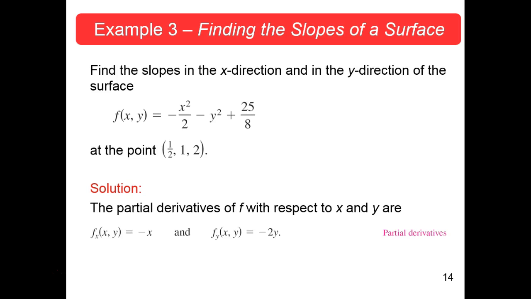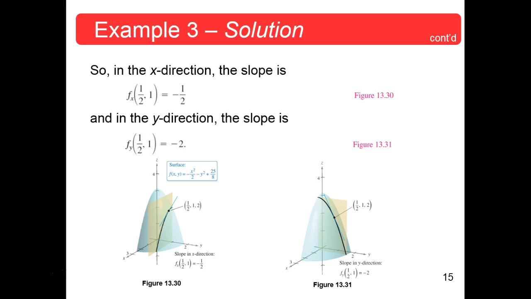Partial derivative of f with respect to x would be minus x, and with respect to y would be minus 2y. We did that too. Then plugging in those values 1/2, 1, there you get negative 1/2, and there you get a negative 2. Okay. And that's all they do for that.